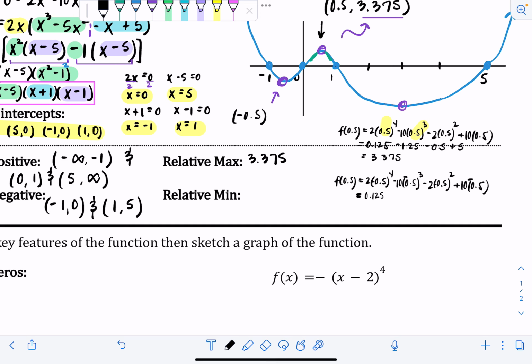and then negative 0.5 to the third power, that will be negative, so it's negative 0.125 times negative 10 is going to be a positive 1.25, and then negative 0.5 squared is positive 0.25 times negative 2 is negative 0.5 again, and then 10 times negative 0.5 is negative 5.